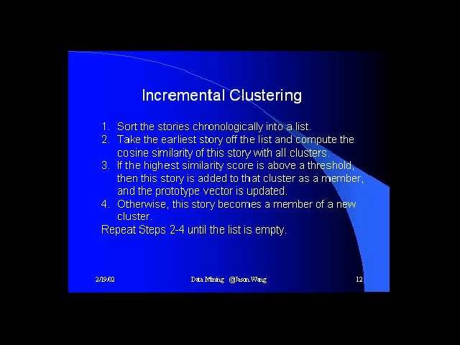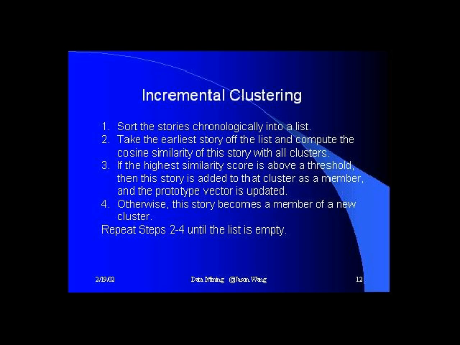So you have several clusters of stories where each cluster might represent an event. You have a bunch of stories sorted chronologically by the time they were published. You take the first story, which can be modeled by a vector, and then you calculate the similarity between this vector and all the existing clusters to see which cluster is closest to this story.